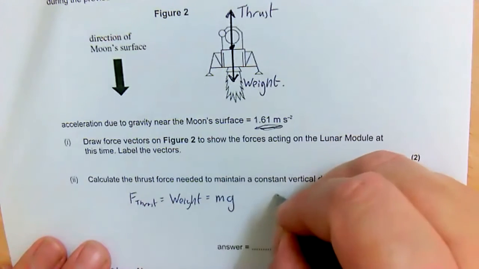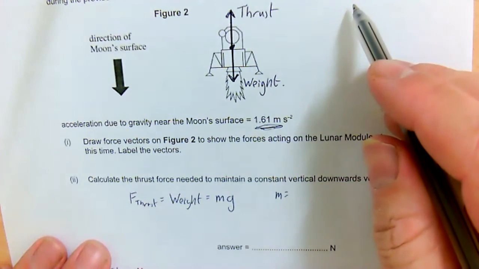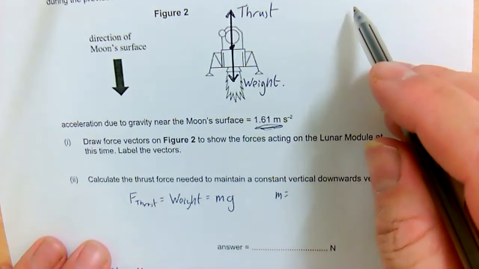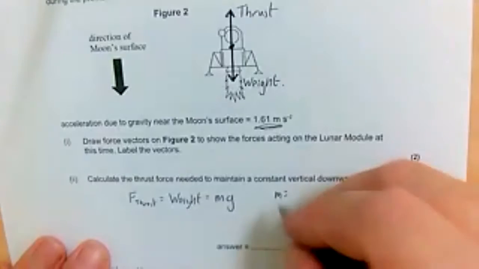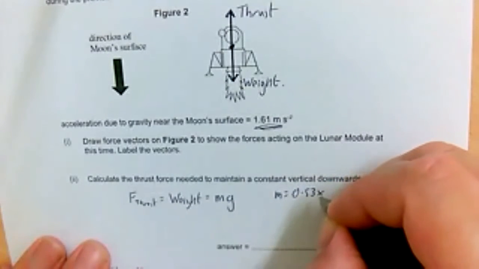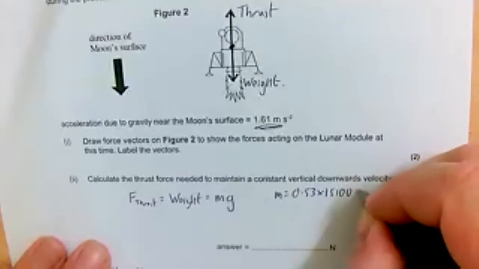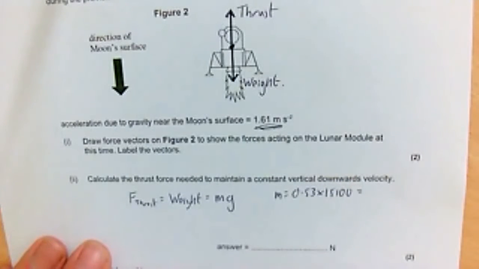And we know the mass is 53% of the original mass. So it's 0.53 multiplied by the original mass, which is 15100. So just calculate that.